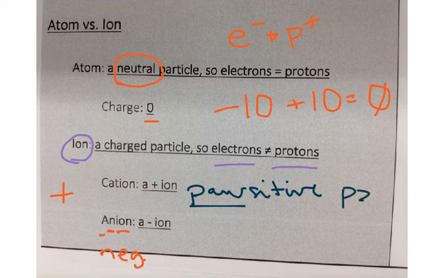The reason you can figure that out is protons give a positive, electrons give a negative. So if I have more positives than negatives, my overall is going to be positive. On the other hand, a negative ion, or an anion, is going to have more electrons than protons. Once again, same logic: I have more negatives than I have positives.